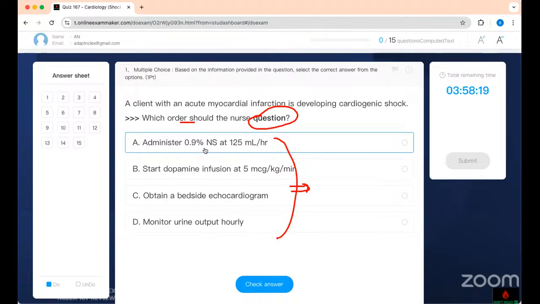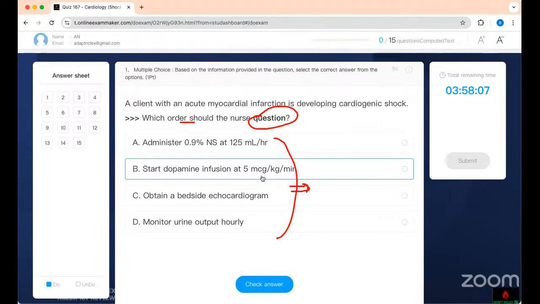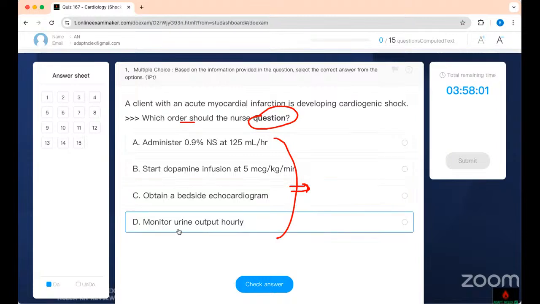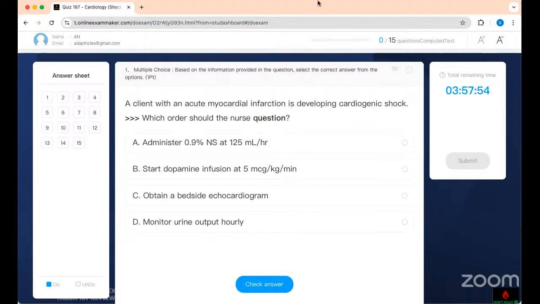You receive an order for 0.9% normal saline at 125 ml per hour, start a dopamine infusion in micrograms per kilo per minute, and obtain a baseline echocardiogram and monitor urine output. The keyword is shock. The patient is in shock. If it's in shock, then the heart is not pumping. If the heart is not pumping, what do you think we need to do?